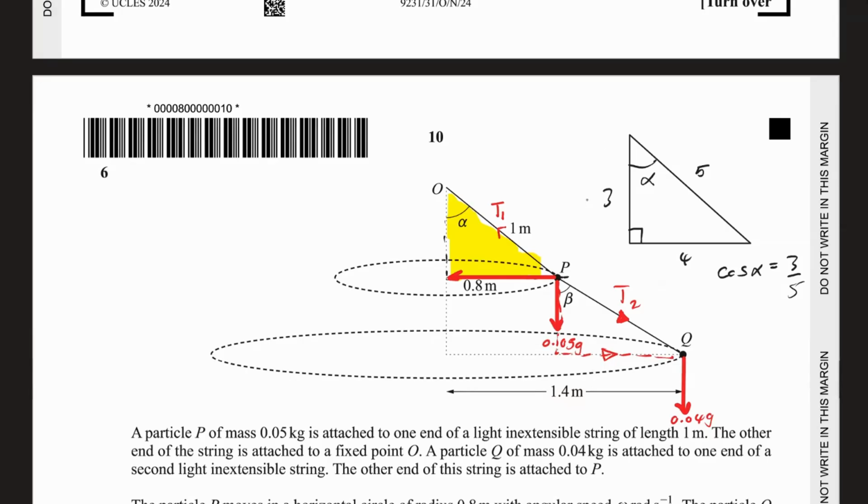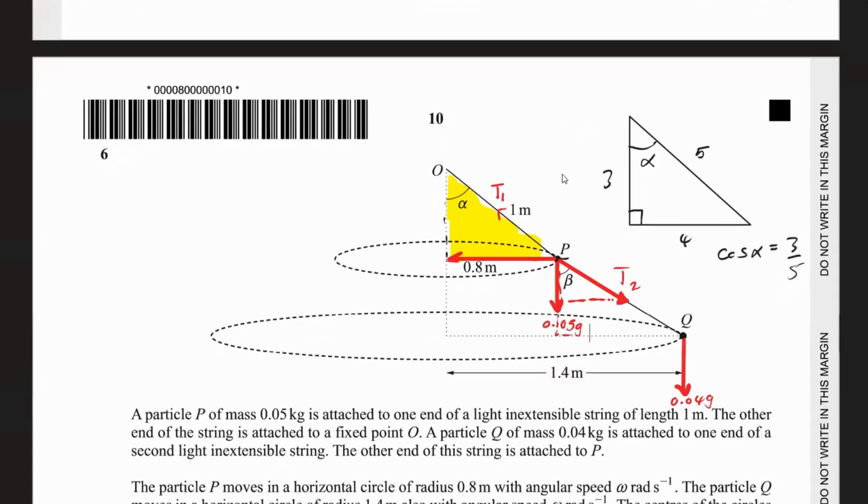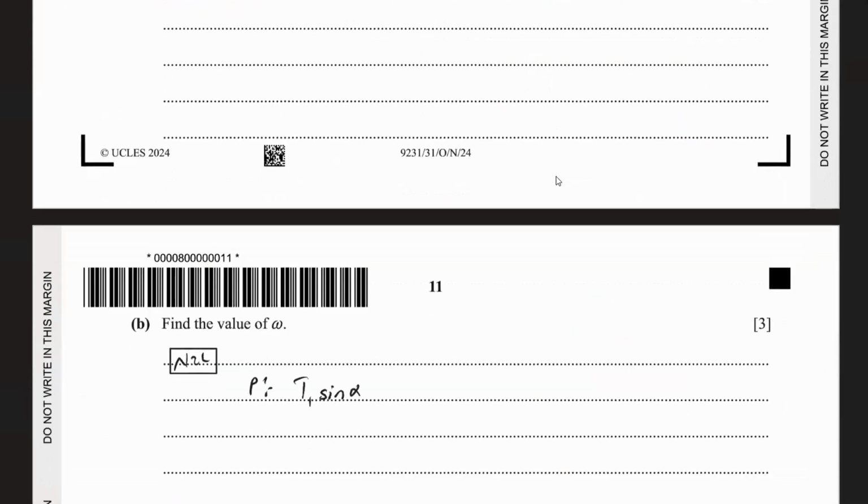Remember, we're talking about P, and T2 is pulling on P. So the component of T2 pulling on P is T2 sine beta. So that's the resultant force.